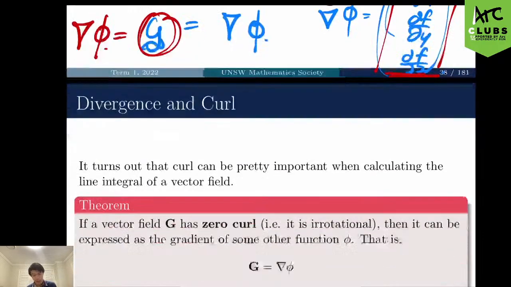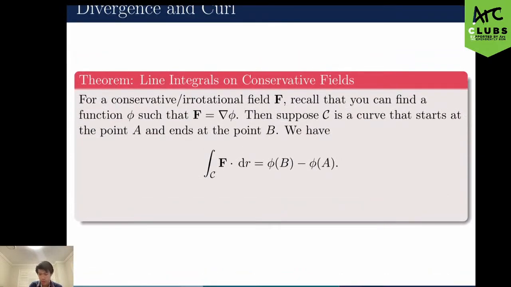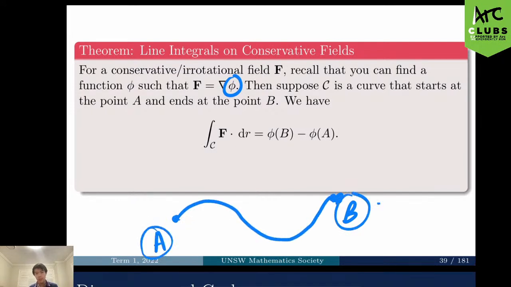And if that's the case, then we have this really awesome property. So using this function phi, if we've got a curve that starts at the point A and ends at the point B, I don't know what it does in between, but we start at A and end at B. If this is a conservative field, we can just take that function.